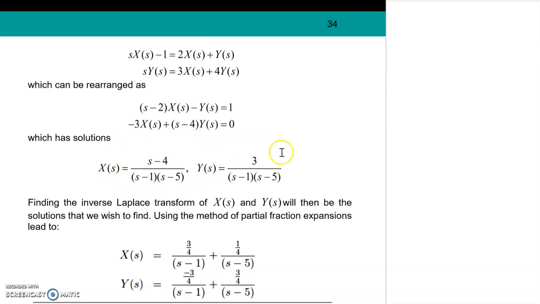The process to get this is actually just algebraic manipulation. You substitute here and there to isolate X(s) and Y(s). Basically, it's the same way as you did in solving two simultaneous equations.